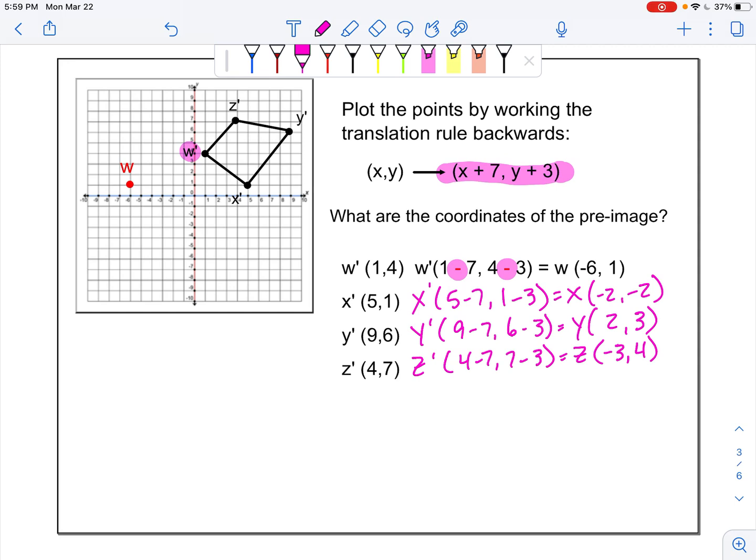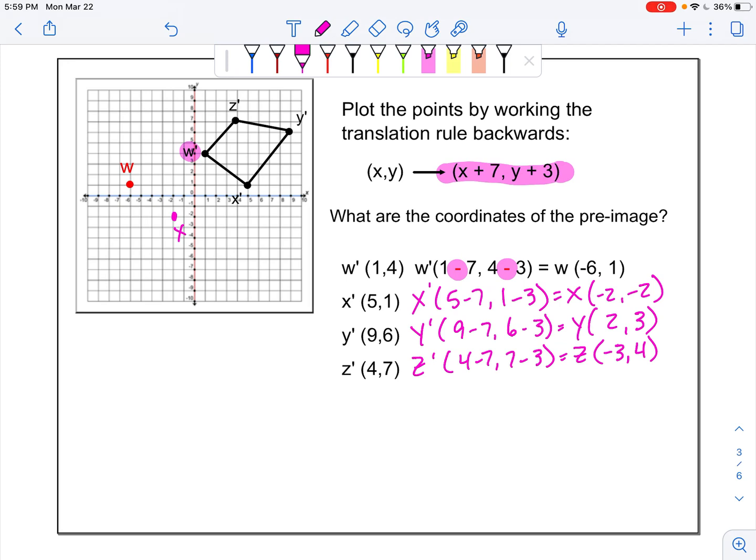So then you can go up and plot them, and you can see that it's going to retain its shape. So I'm going to be at -2, -2. So here's my x. And then I'm going to be at 2, 3, for my y.